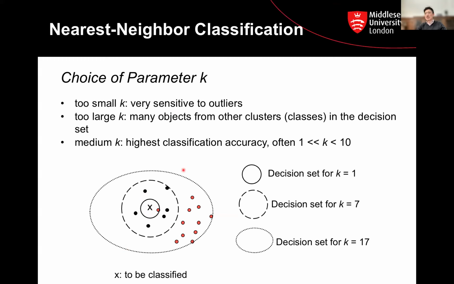If you choose the biggest neighborhood here, including everything in the data set, then it's the same for every point. It doesn't really help you decide which class this X should be. So usually you pick somewhere in between.